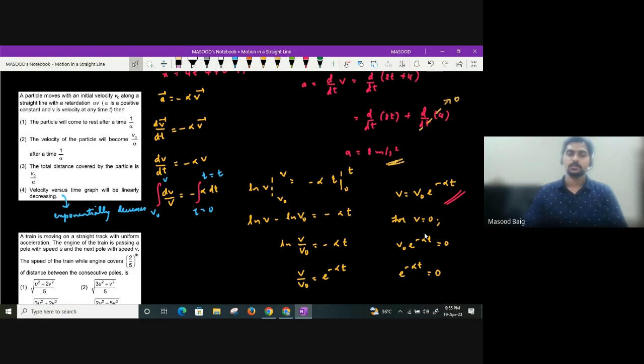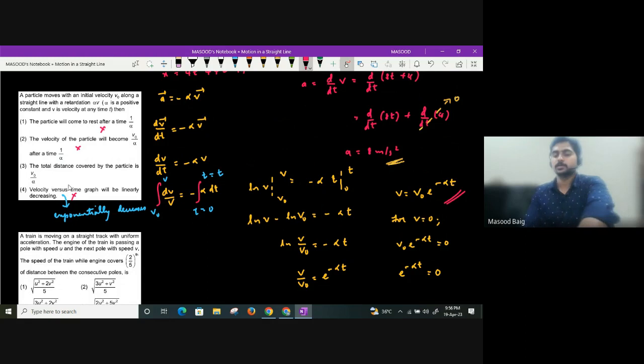Now I need to apply v into dv by ds, using the acceleration case. I'm not getting any of the first three options, guys; these we got wrong. It is exponentially decreasing. Let us try doing that.